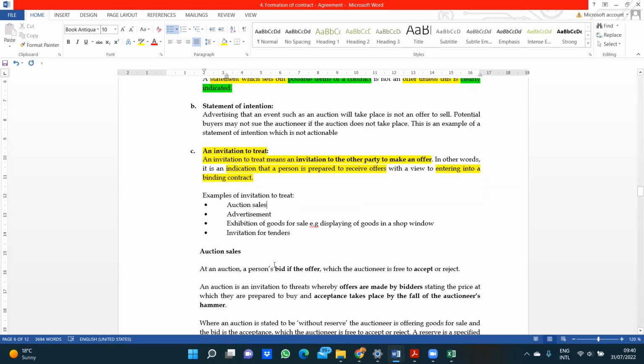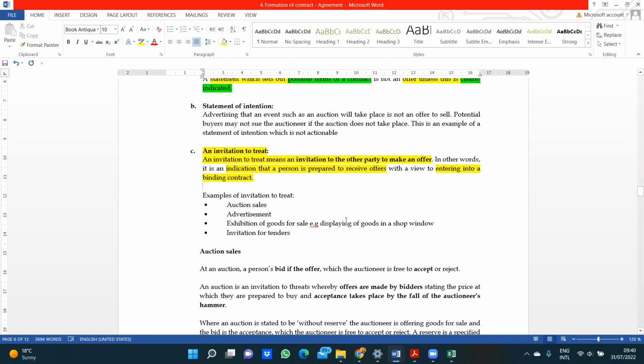For example, auction sales. In auction sales, you want to bid to purchase something. When you bid, the auctioneer is free to accept or reject offers. But the bid of the public here is the actual offer.